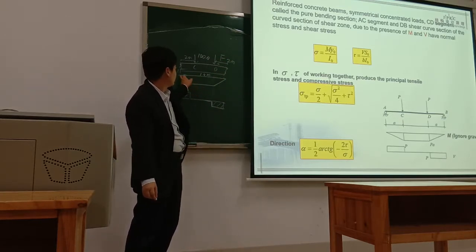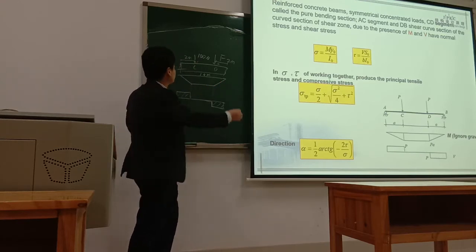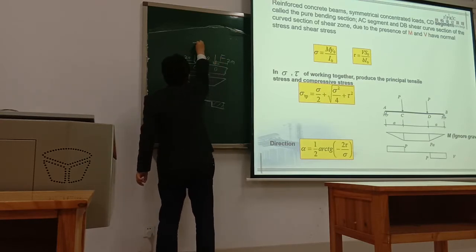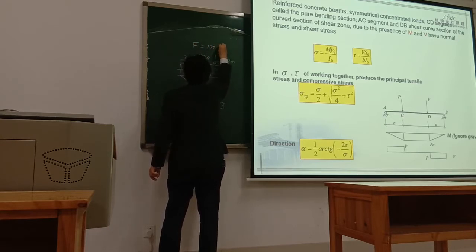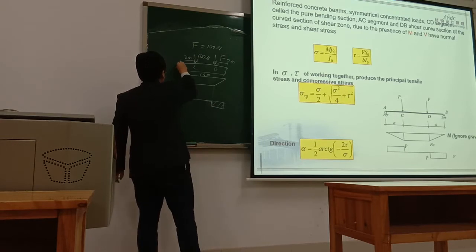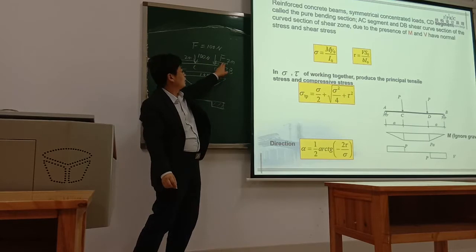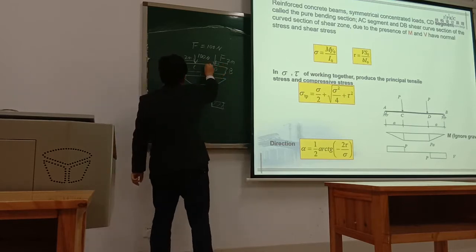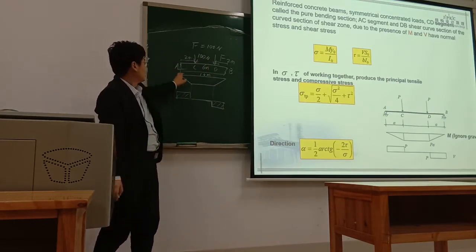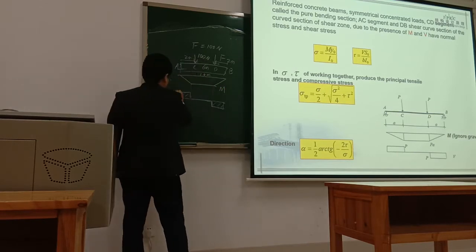How much is the moment and how much is the shear force? The concentrated forces F both equal 100 Newton. Suppose the supports are A and B, AC equals 2 meters, DB equals 2 meters, so CD is 6 meters. You just calculate how much is the moment and how much is the shear force.